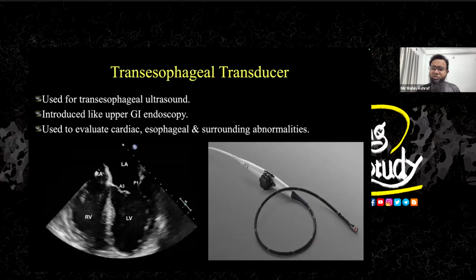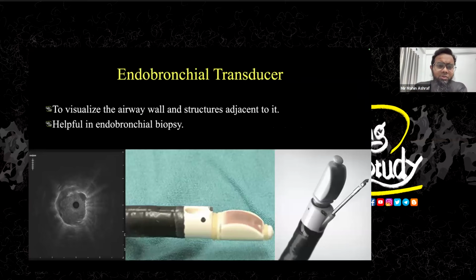Okay, next come to the transesophageal transducer. We use this transducer for transesophageal or upper GI ultrasound. It's quite similar to the upper GI endoscopic procedures, and we also use it for transesophageal echocardiography, which is the best echocardiography, I think. Okay, so endobronchial transducers are used for transbronchial ultrasound.